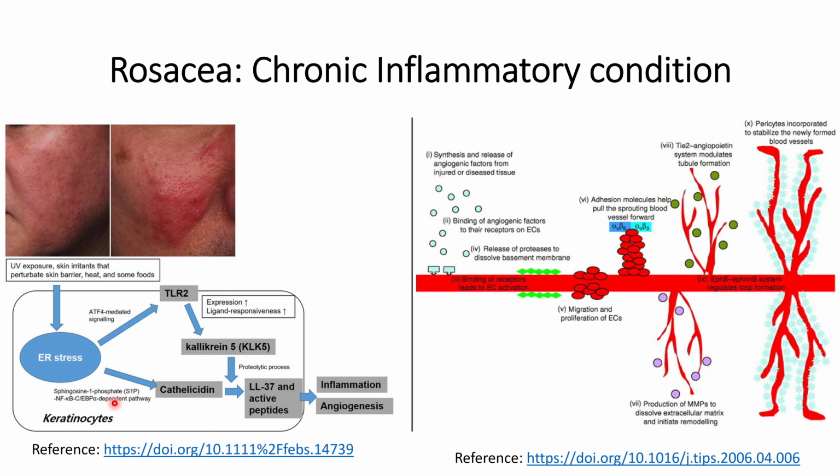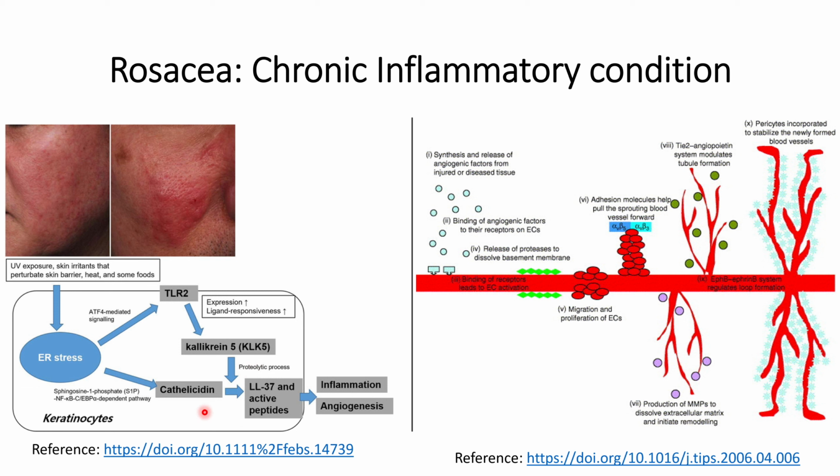With the ER stress, it will lead to upregulation of the cathelicidin protein. So this cathelicidin protein will increase, and because of TLR2, KLK5 will also increase.